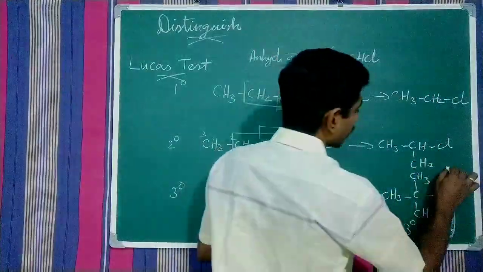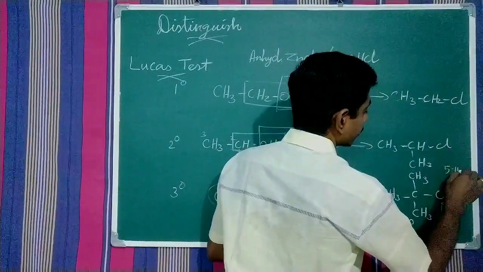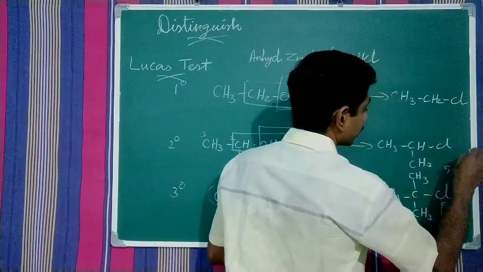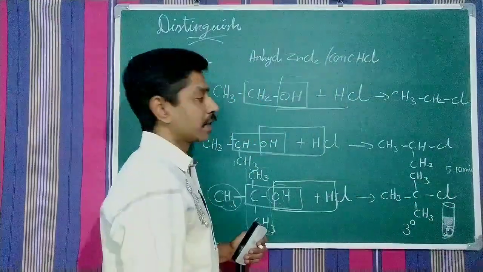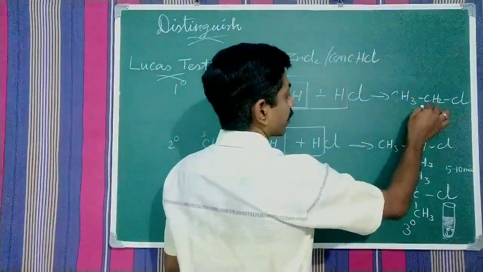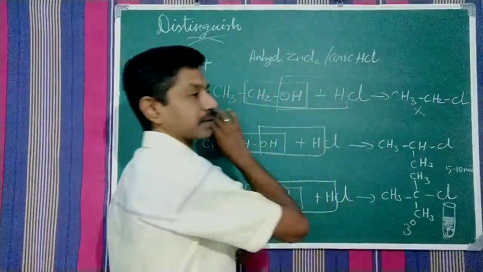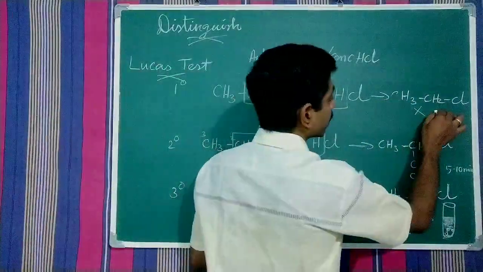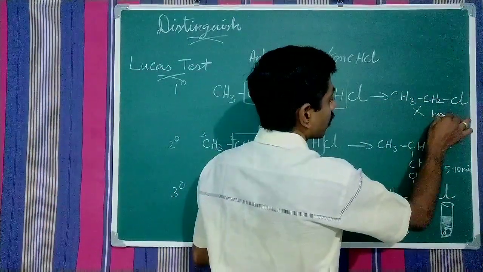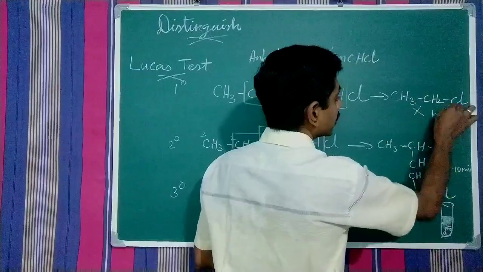For secondary alcohol, it may take 5 to 10 minutes. Within 10 minutes, it will give turbidity. But primary alcohol will not react at room temperature. Only on heating will it form turbidity.